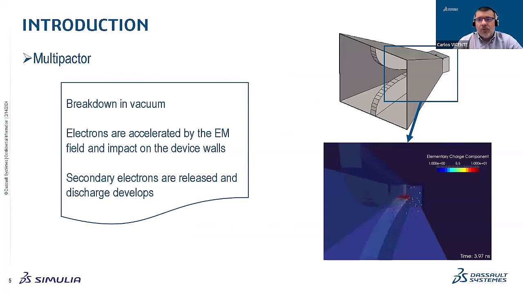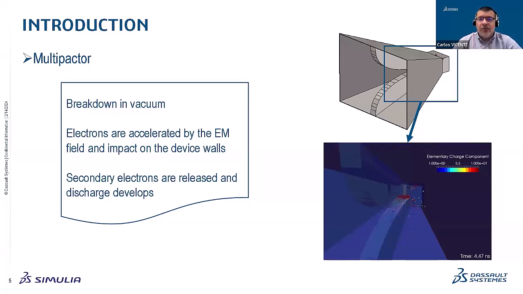This effect occurs because electrons can be there from any source, like cosmic rays or surface emission. These electrons are accelerated by the electromagnetic field in the component. When these electrons impact on the device walls, secondary electrons are released. If this process is in resonance with the electromagnetic field, or in other words, if the time between electron impacts and the RF field frequency are in resonance, then a discharge can be developed.